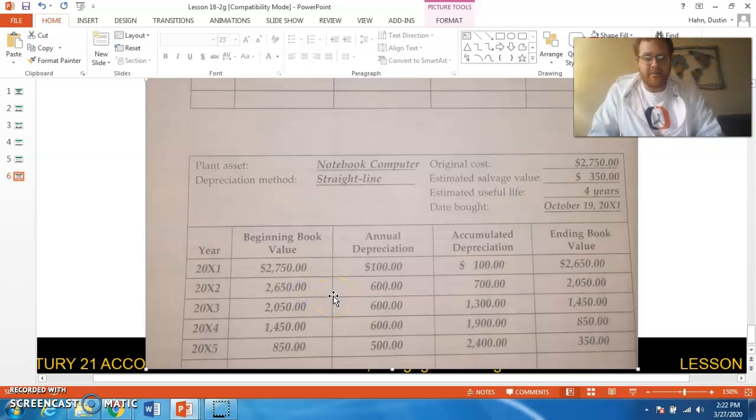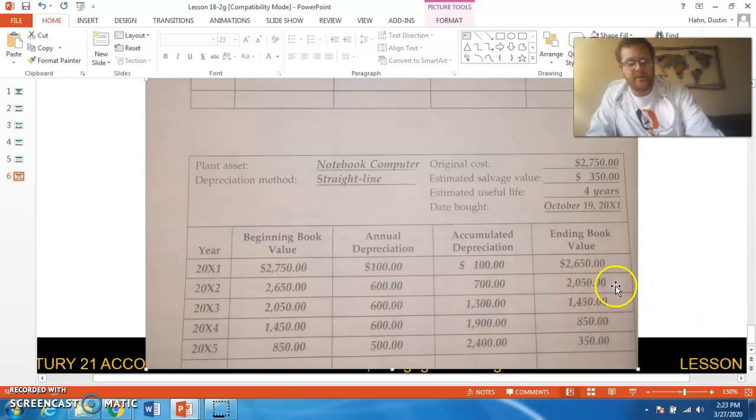Now bring that $2,650 down here. Now, since we are going to have it for the full year, we can use this 600 number. Again, where I got this 600 number from is 2,750 minus 350 divided by 4. That's the 600 that we are going to use. Take our 100 plus our 600 equals our 700 right there. Now for your book value, take your 2,650 and minus your depreciation for the year.